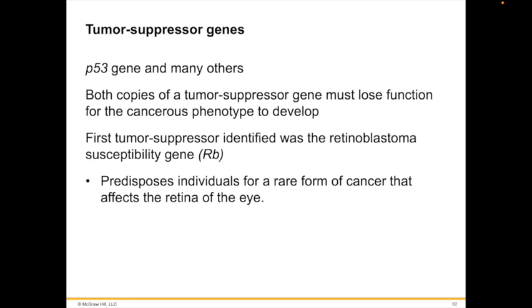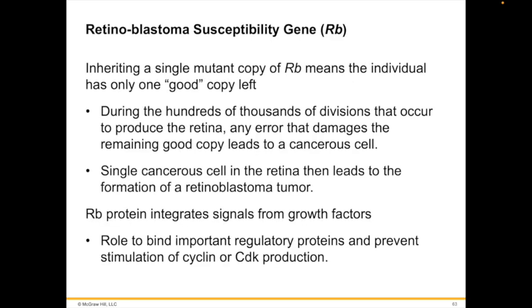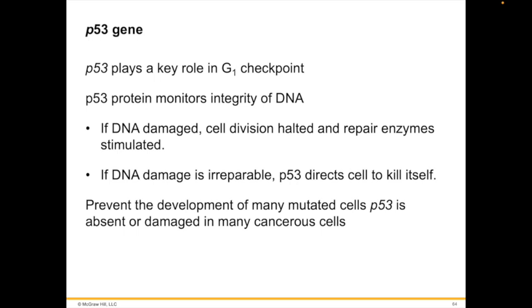If the damage is severe enough, p53 will cause the cell to initiate programmed cell death, known as apoptosis. When a mutation removes p53 function, the cell can proceed through the cell cycle with damaged DNA, leading to further mutations that lead to cancer.